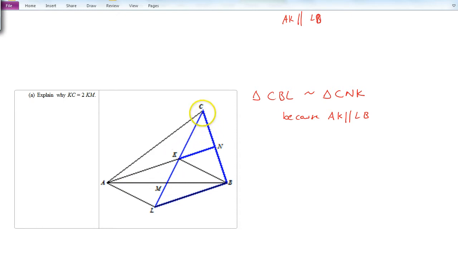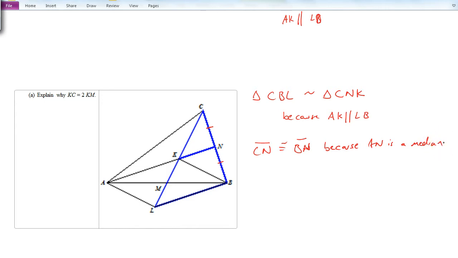Okay, and this side must be bisected by this median here. So we know that segment CN is congruent to BN because AN is a median.